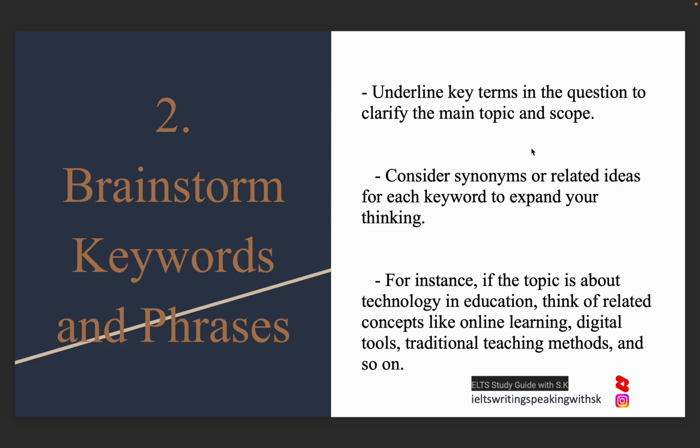You have to learn the vocabulary for this. So here, in your writing task too, you can use the following words in place of technology, like online learning, digital tools, traditional teaching methods, and so on.